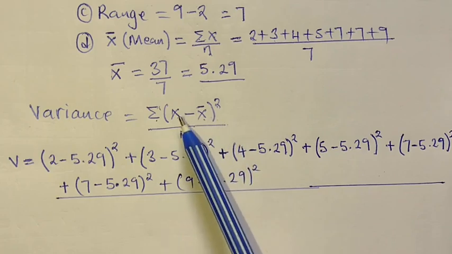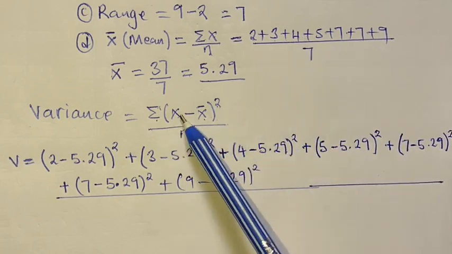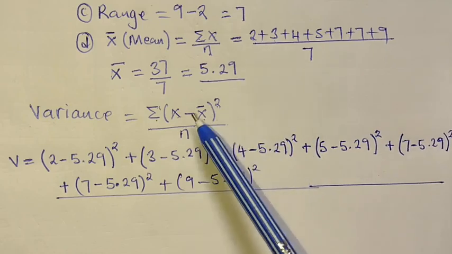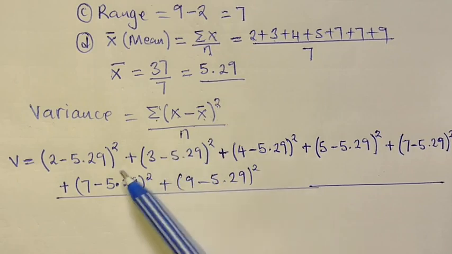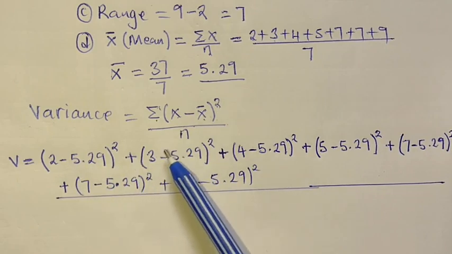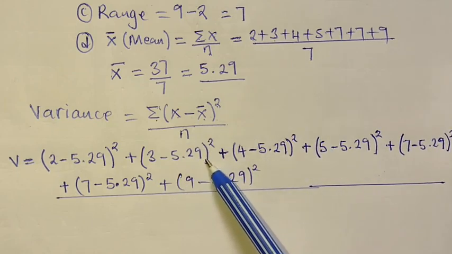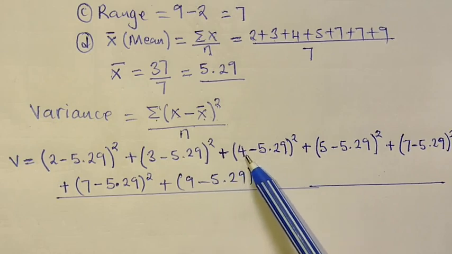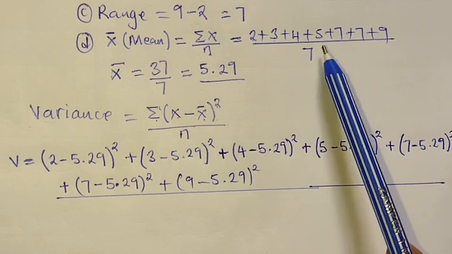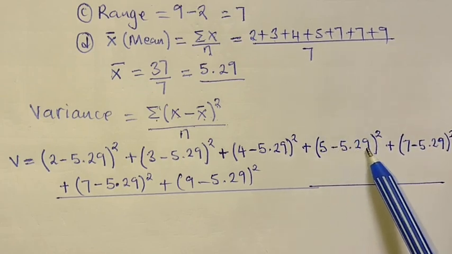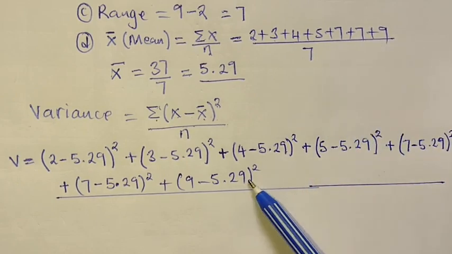Remember these are the values that we have. So where there is x, we put 2, 2 minus the value of the mean, which is 5.29, in brackets squared, plus again where there is x, we put 3 minus 5.29 squared, plus 4 minus 5.29 in brackets squared, plus 5 minus 5.29 in brackets squared, plus 7 until you reach 9, like here.